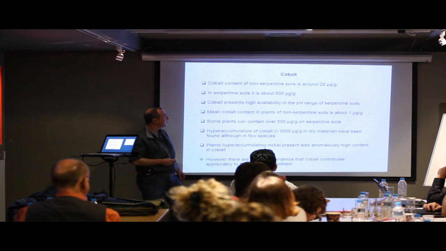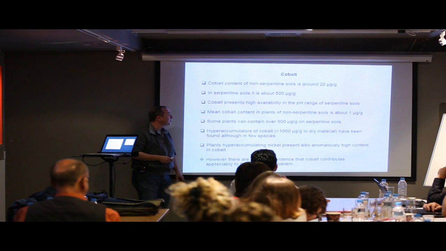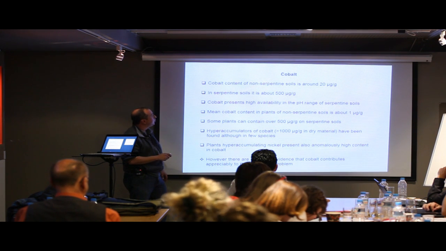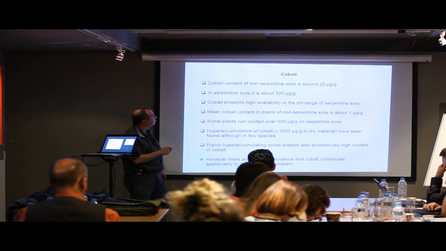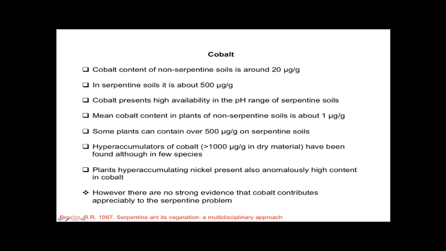The third heavy metal in these soils is cobalt. Cobalt content in non-serpentine soil is about 20 micrograms per gram, while in serpentine soil it is about 500 micrograms per gram.